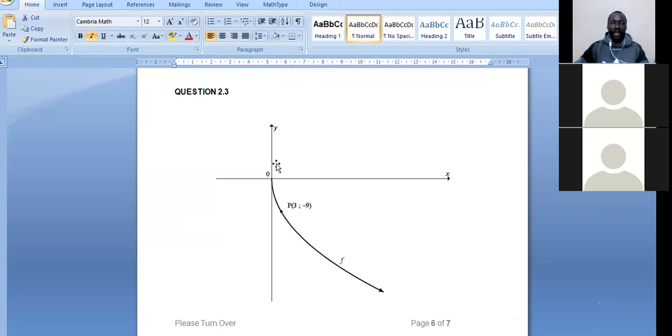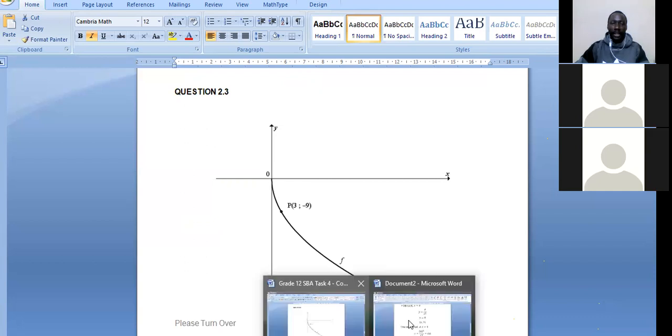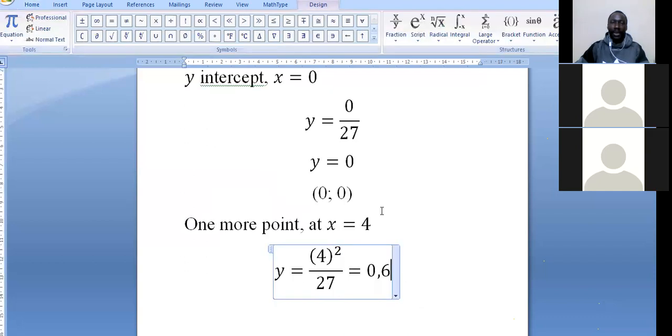This is going to help us now that we already have 2 points. The first point is (0, 0), meaning our graph will start from here. Then the next point, which we just calculated, is 4 for x and 0.6 for y.